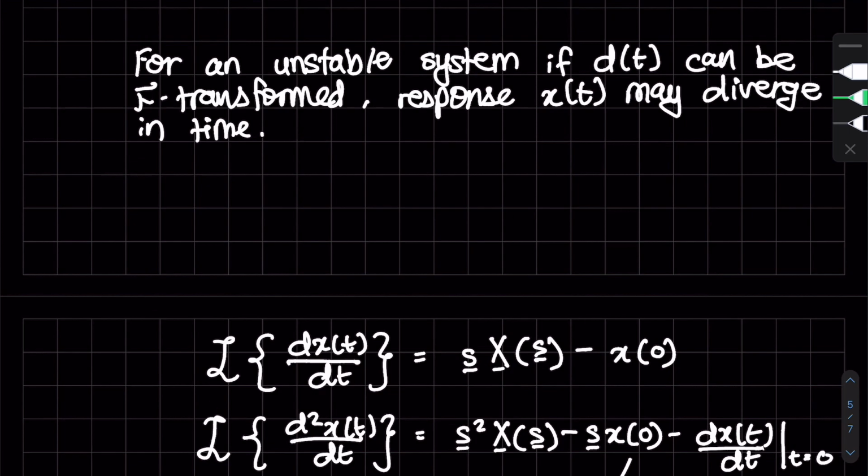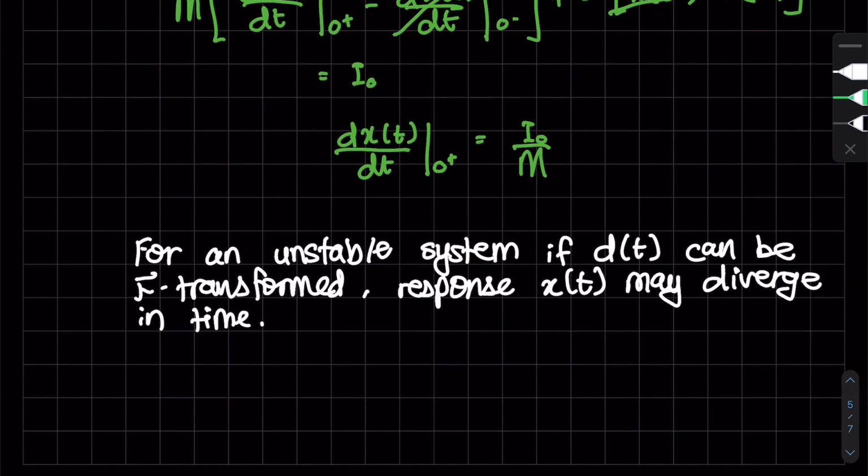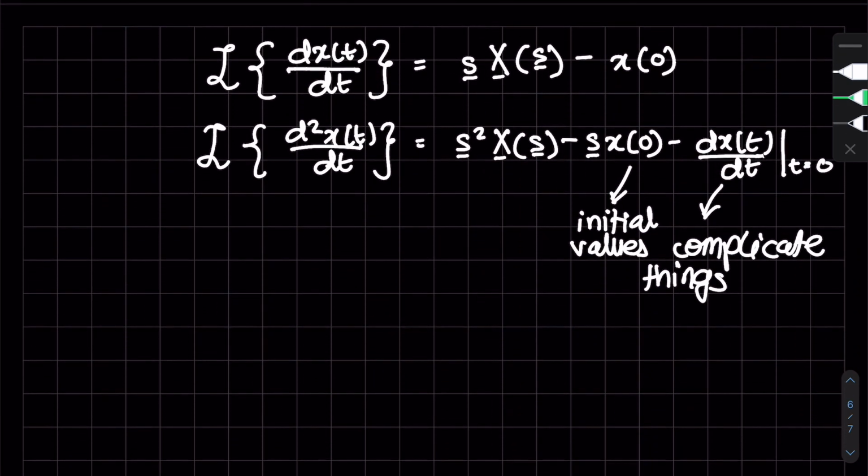So the response may diverge in time. For an unstable system, you won't really get something that's practical, something that works. So we have to consider this.